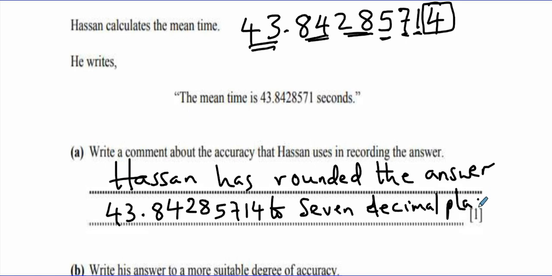That is what Hassan has done. The answer had 8 decimal places, but Hassan has rounded this answer from 8 decimal places to 7 decimal places. That is the accuracy that Hassan has used.